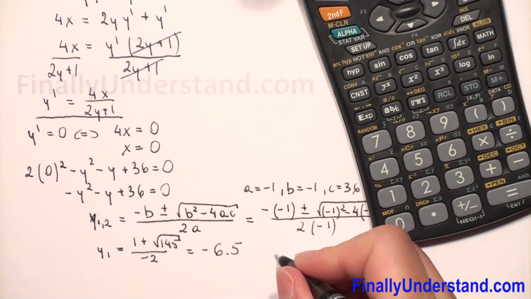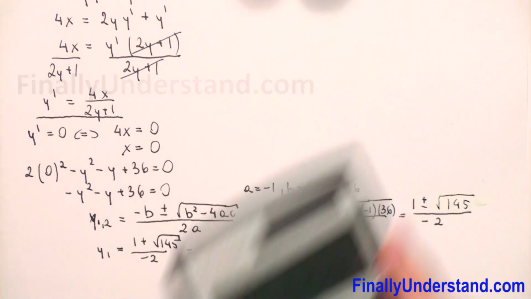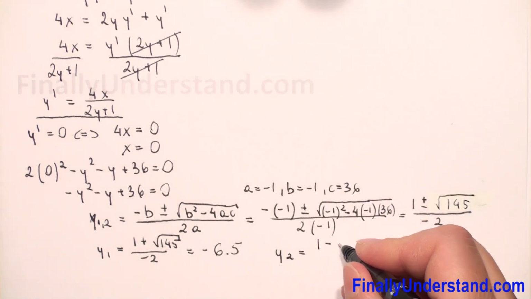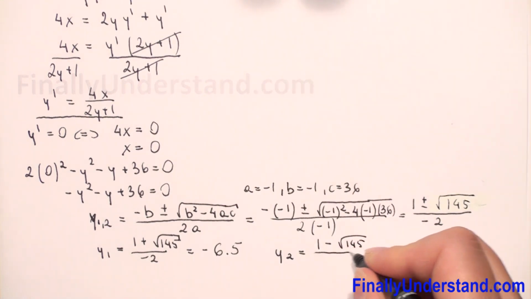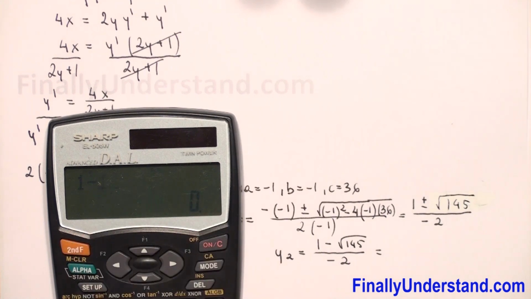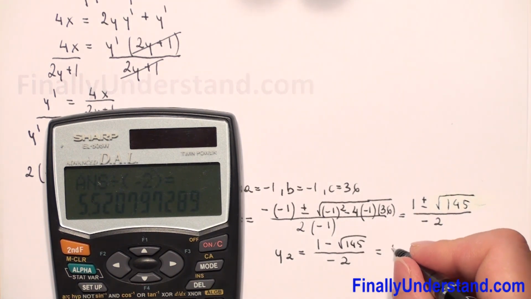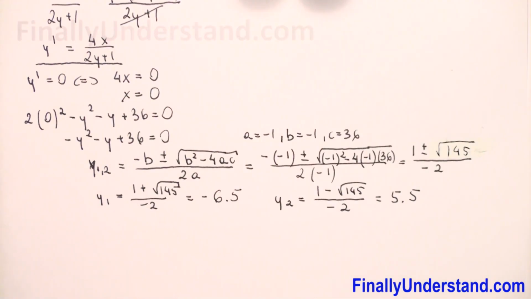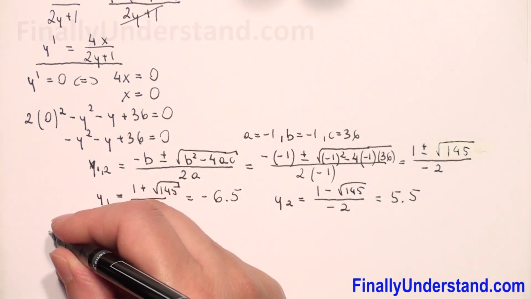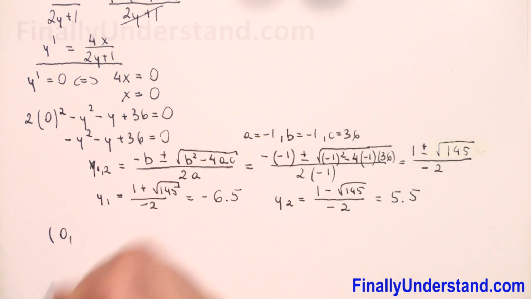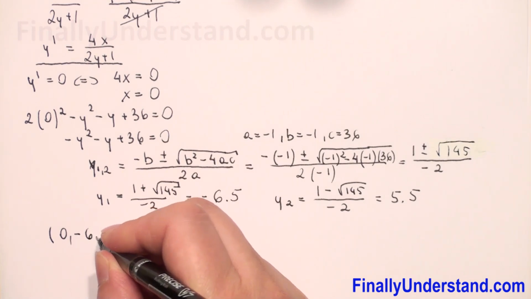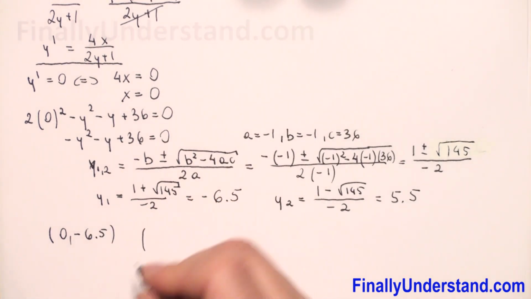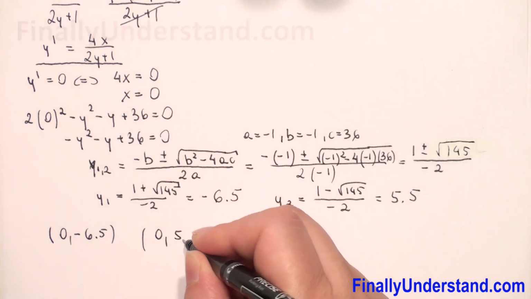And y2 is equal to 1 minus the square root of 145 over negative 2. So this is equal to 1 minus the square root of 145, divided by negative 2. So we have 5.5. We got 2 points of zero slope. First is x equal to 0, y equal to negative 6.5, and the second point is 0, 5.5.